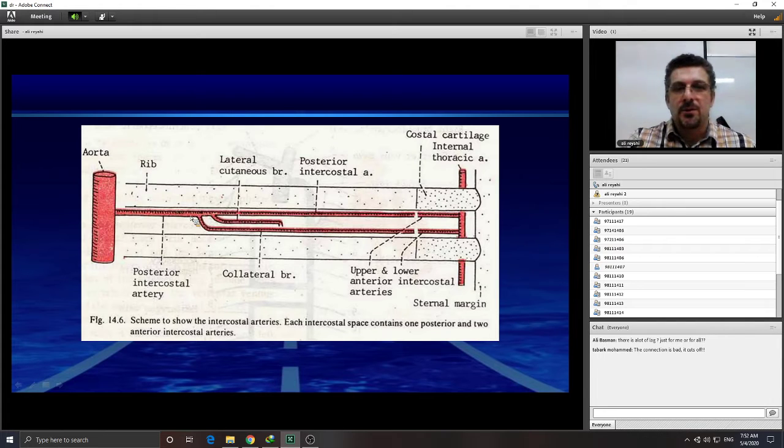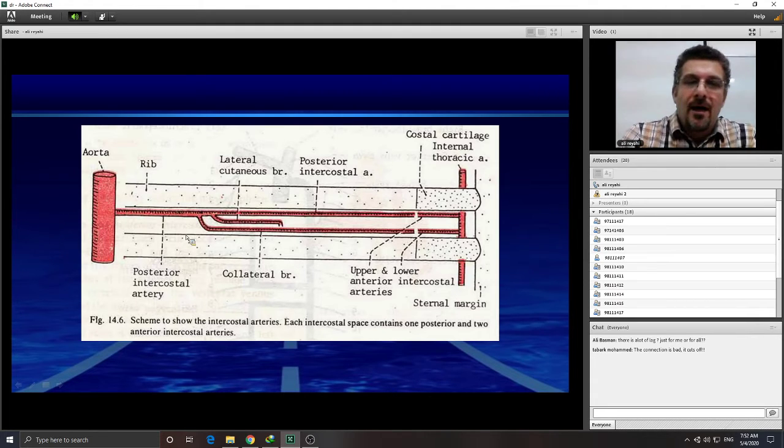But if you come to the anterior part of the intercostal space, you can see we've got two anterior intercostal arteries. These are the typical anterior intercostal arteries, and these arteries arise from the internal thoracic artery, but in the lower intercostal spaces, they arise from the musculophrenic artery, one of the terminal branches of the internal thoracic artery.